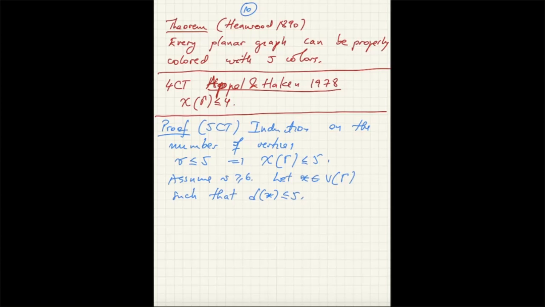That's key: we have a vertex of small degree. Let's say we have a plane drawing of that graph. We have x, and we look at gamma prime, which is gamma minus x. Gamma prime is a planar graph.